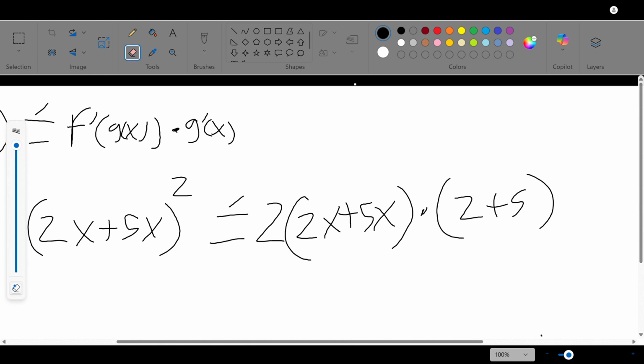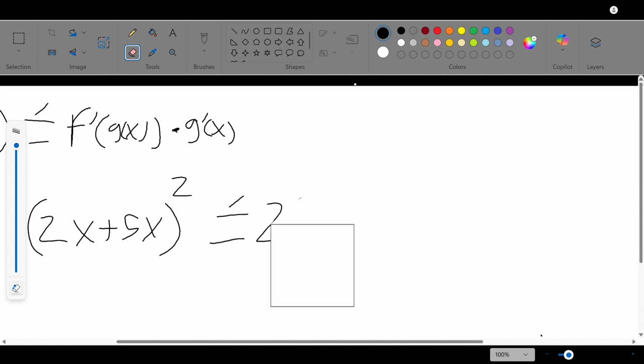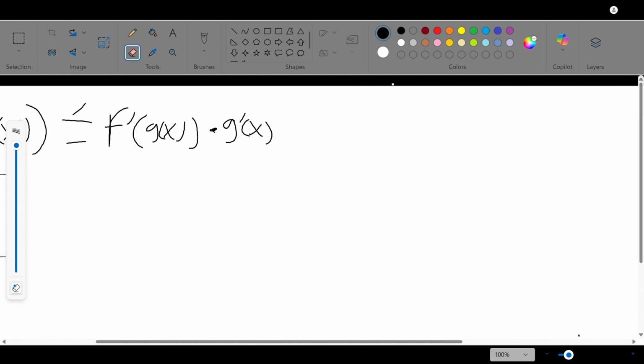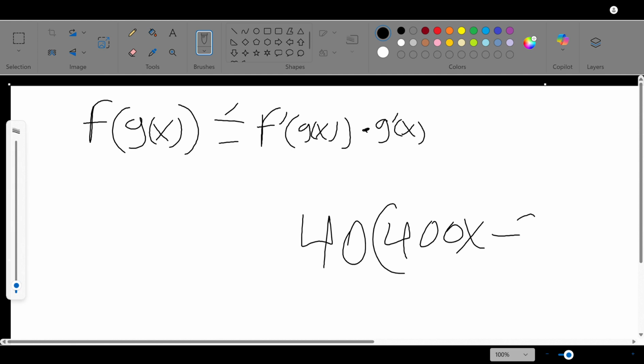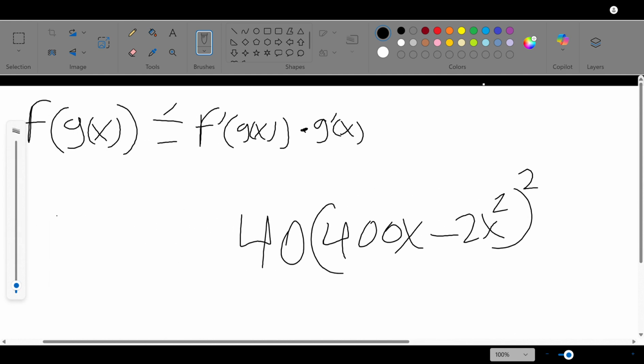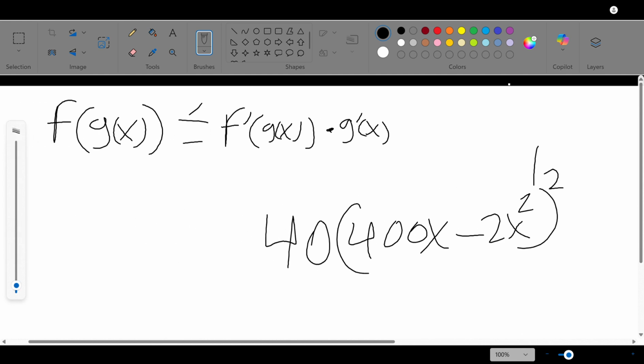Now, it may be a little bit confusing, I get it, but it will be easier every time you do it. So, let's say you have 40 times 400x minus 2x squared, parentheses to the power of 2. The outside function will still be this, and the inside function will still be that.